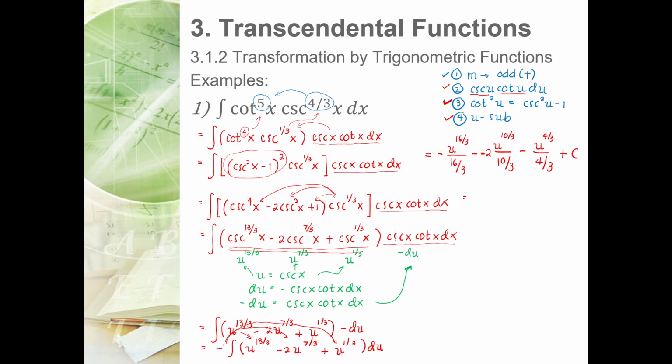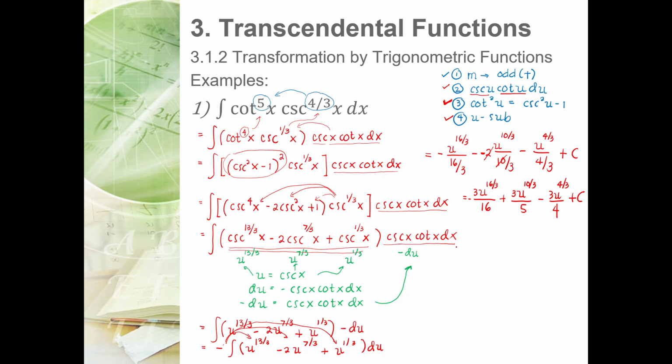Simplifying, we have minus 3 u to the 16 over 3 all over 16. Then plus 3 u to the 10 thirds all over 5, because we cancel out the 2 and the 10 in the denominator. And minus 3 u to the 4 thirds all over 4 plus c.